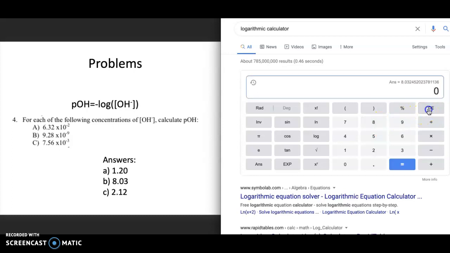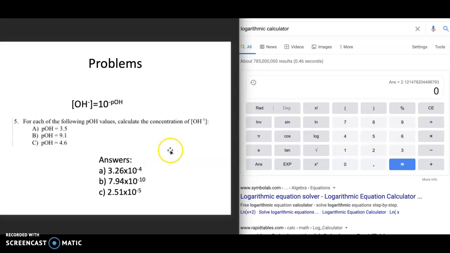Great, killing it. And then lastly, I have negative log 7.56, EE key, negative 3, giving me 2.12. 2.12. That's what I got there.